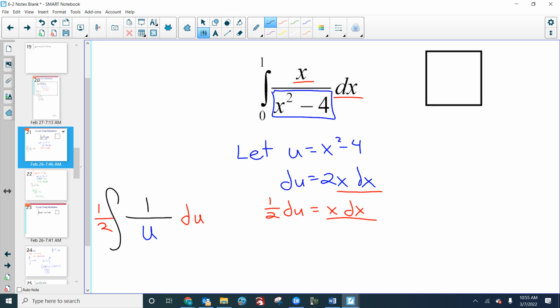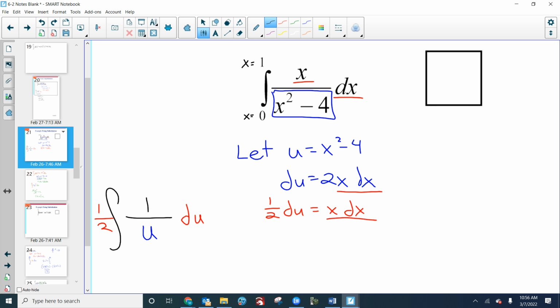But wait, we need to do something else first. What's missing? The bounds. Don't write them in yet. What kind of bounds were these up here? From x equals 0 to x equals 1.